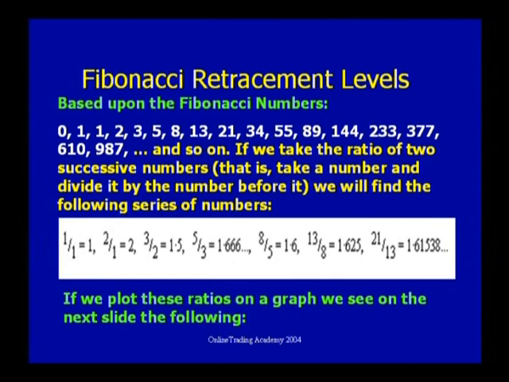After we start getting up into the larger numbers, the thing constantly repeats, no matter what numbers you divide by. You can see it here on the graph where it starts to flatten out to ultimately 1.618. Once we get above about 13 and start dividing 21 by 13, 55 by 34, or 233 by 144, we are on a flat line. Everything always comes out to the same number.